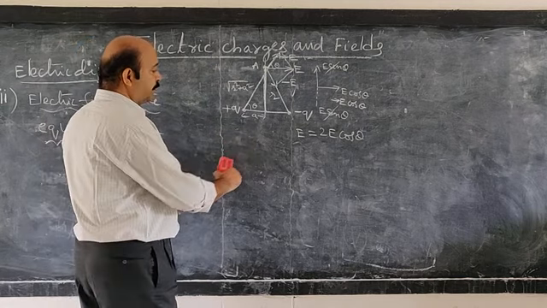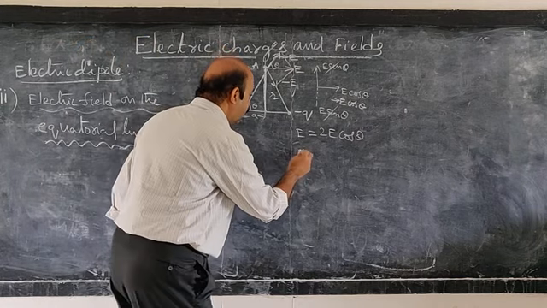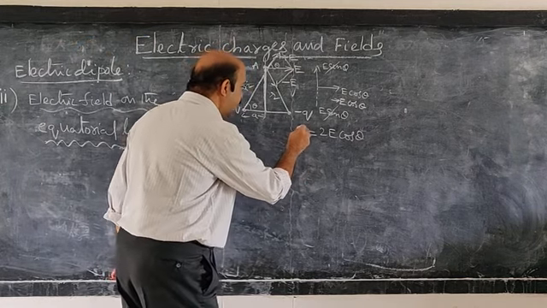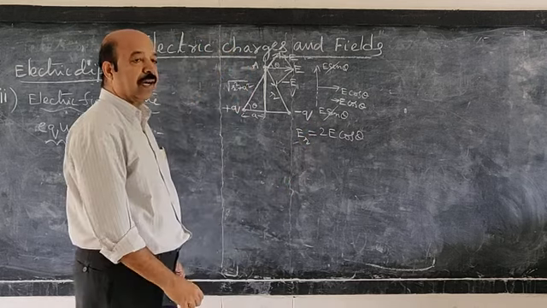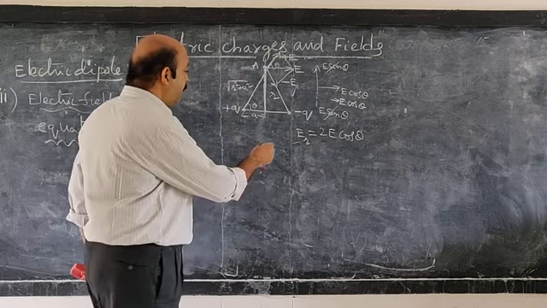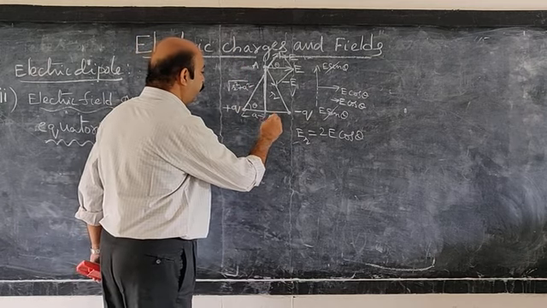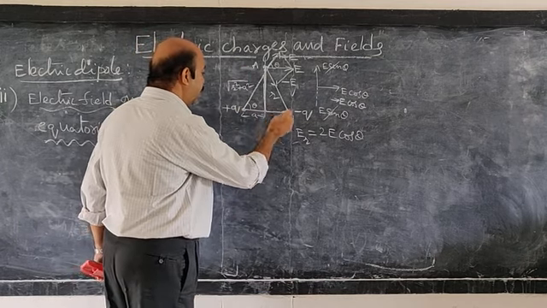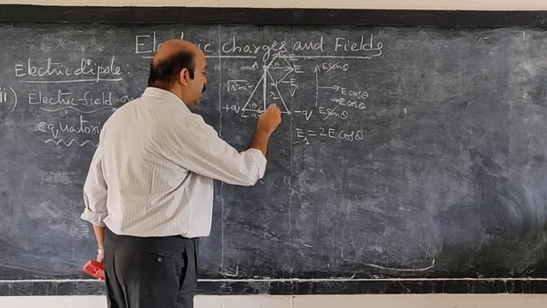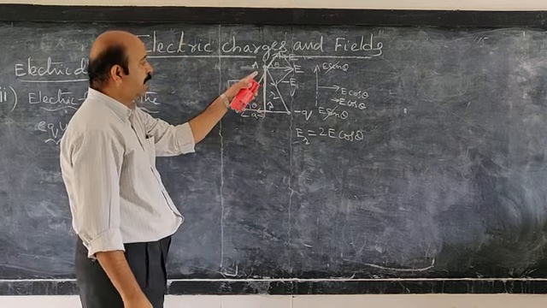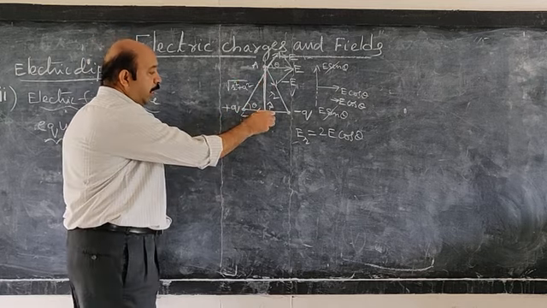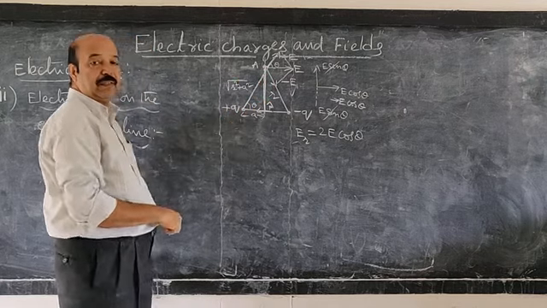So I can write the resultant E is equal to 2E cos theta. Now the dipole direction is like this, p cap. You observe this, but the resultant electric field strength is in the opposite direction to the dipole.